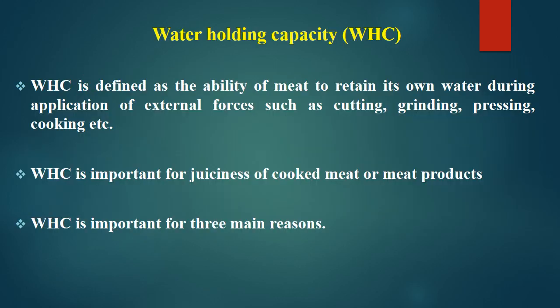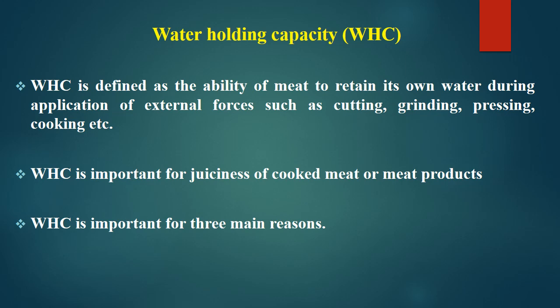Another very important quality parameter, a physicochemical quality parameter of meat, is water holding capacity, which we mentioned in an earlier lecture. Now we will discuss it in more detail in the next lecture. WHC is defined as the ability of meat to retain its own water during the application of external forces such as cutting, grinding, pressing, cooking, etc. So this is the ability of muscle to retain its water against any mechanical forces.